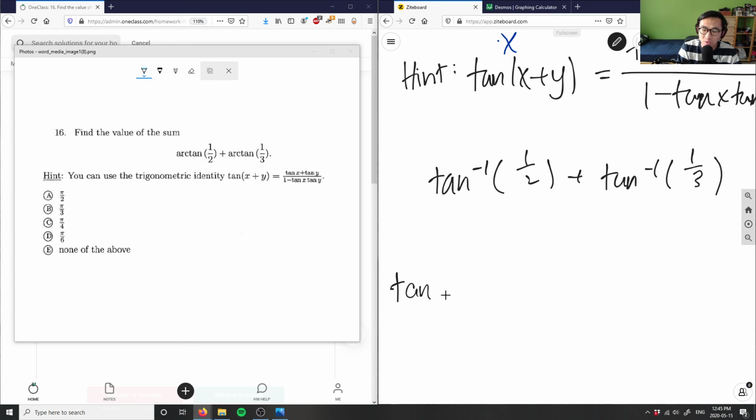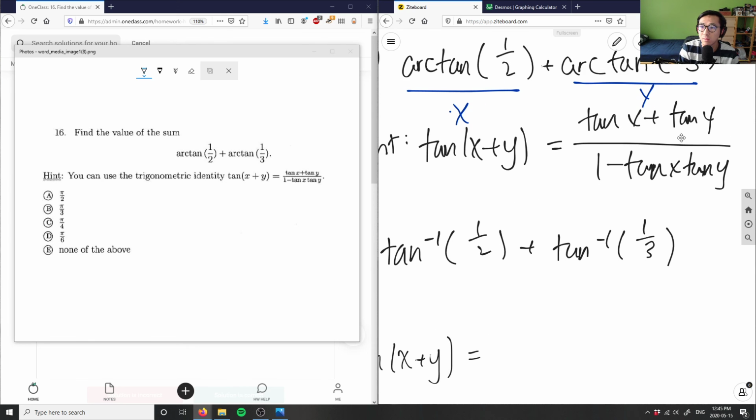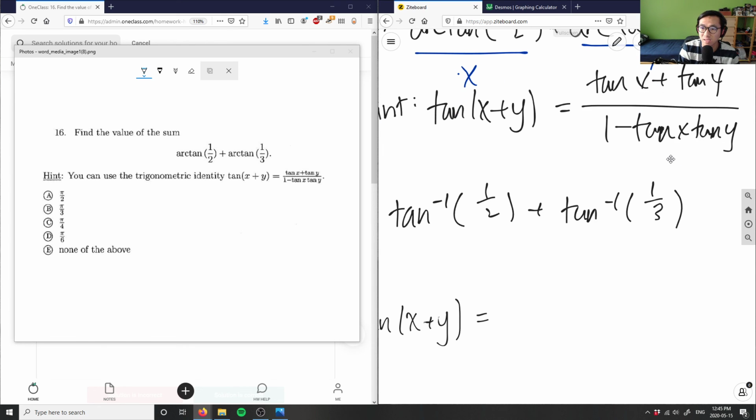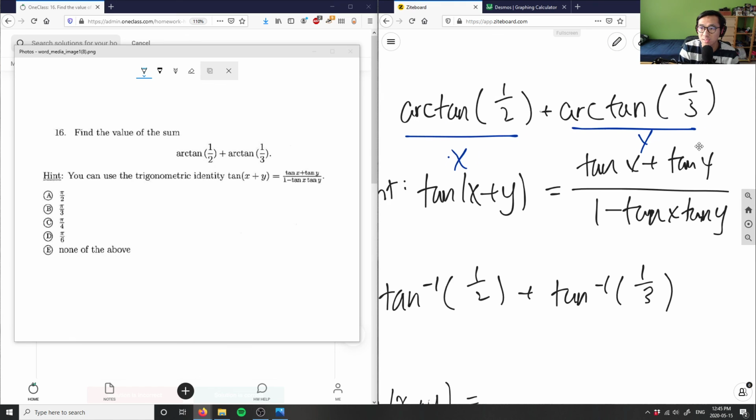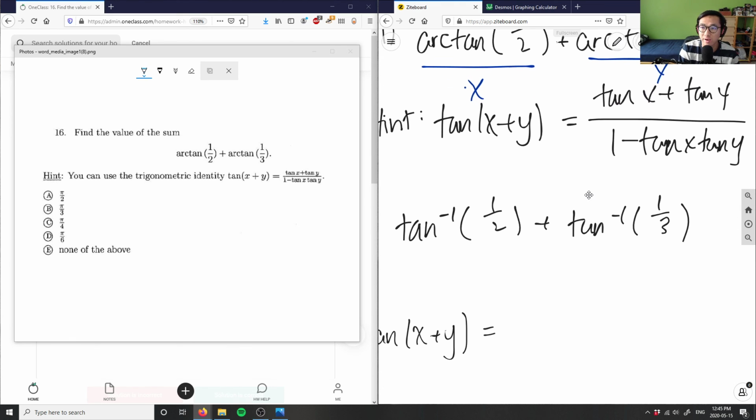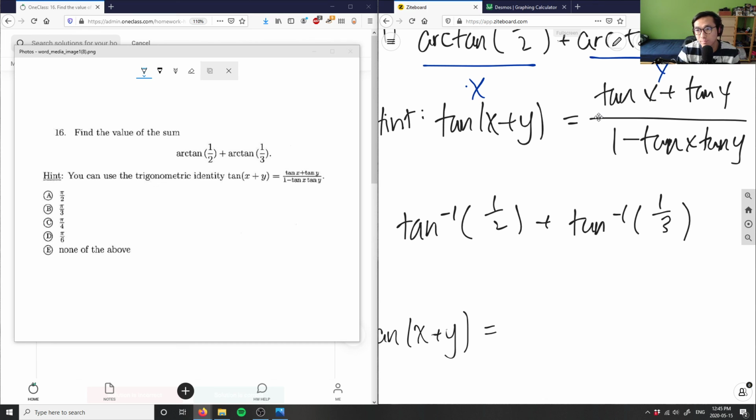So tangent of x plus y, which is simply this guy here, is going to equal this guy here, right? So it equals this identity. If this here is my x and this here is my y, the tangent of x plus y is going to give me this, right?